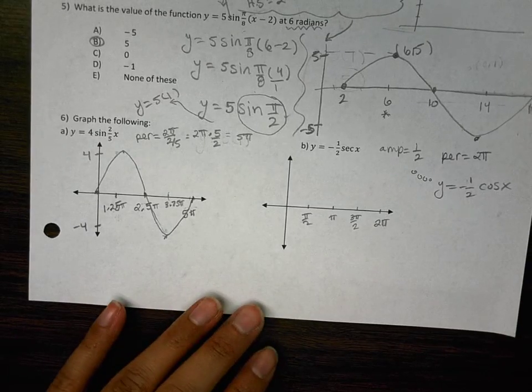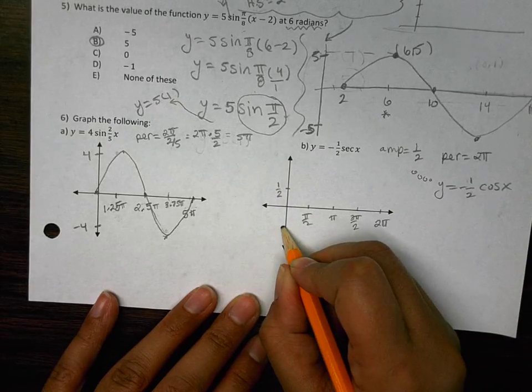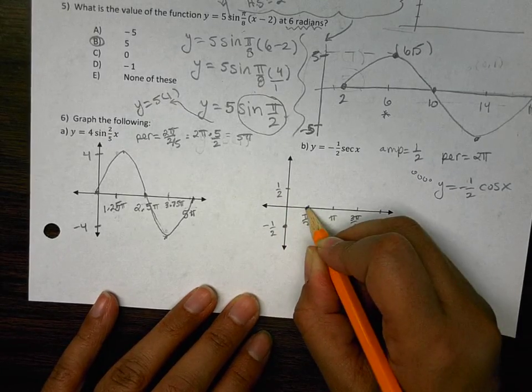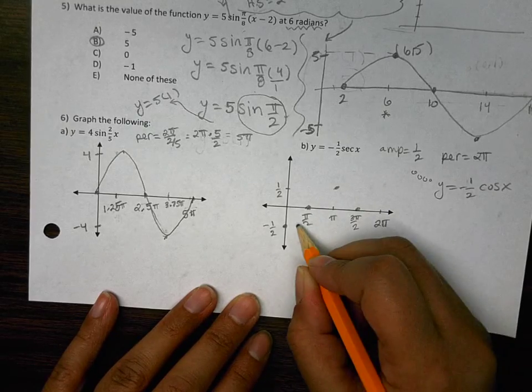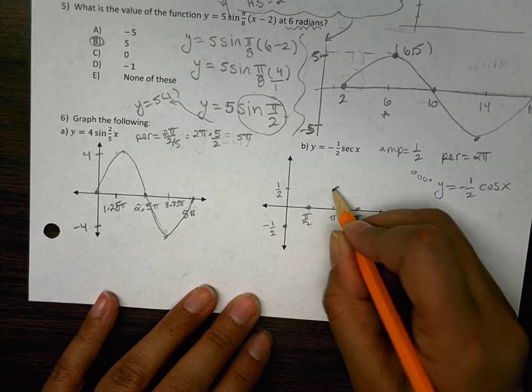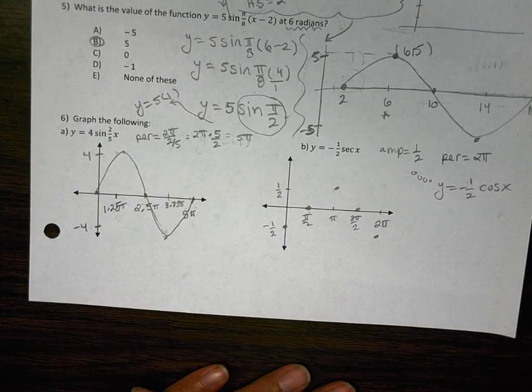And what is my amp? 1/2. Negative 1/2. So minimum, 0, maximum, minimum, 0, minimum, 0, max, 0, minimum. Couldn't get my words out. All right, the biggest mistake kids make is this.